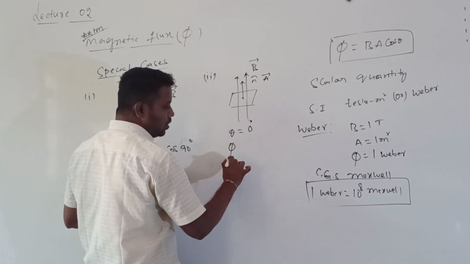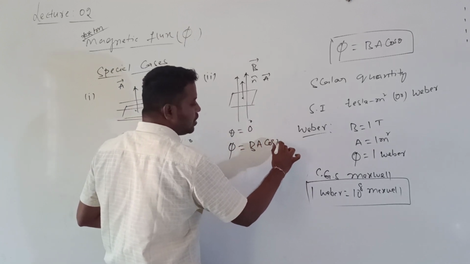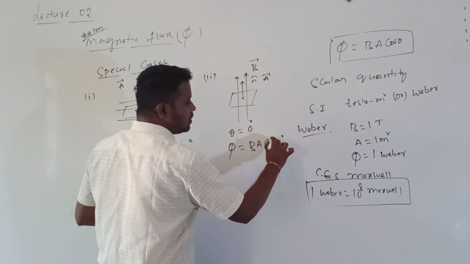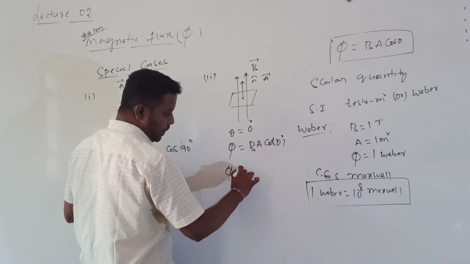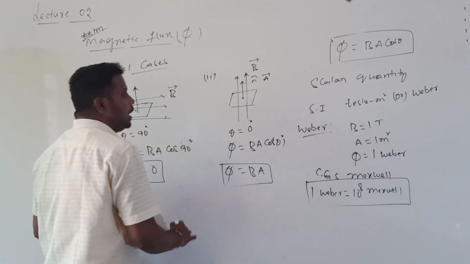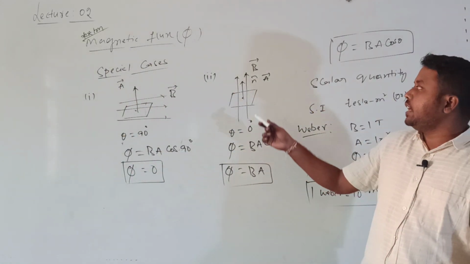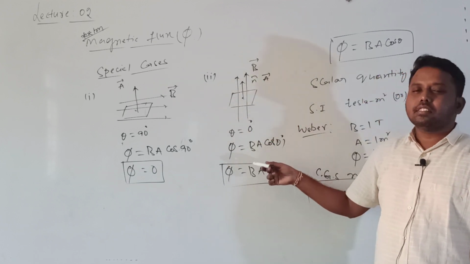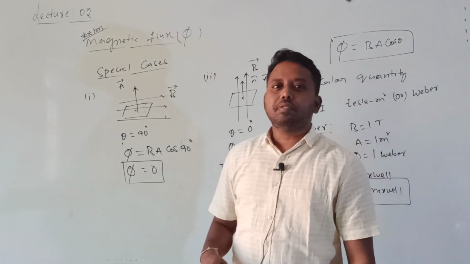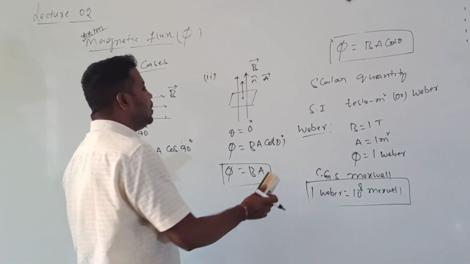When theta is 0, flux is B into A into cos 0. Cos 0 value is 1. So flux is B into A. When the magnetic field is normal to the given surface, the magnetic flux value is maximum. Okay? Very, very important points.